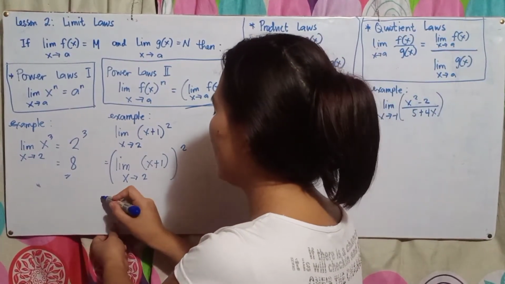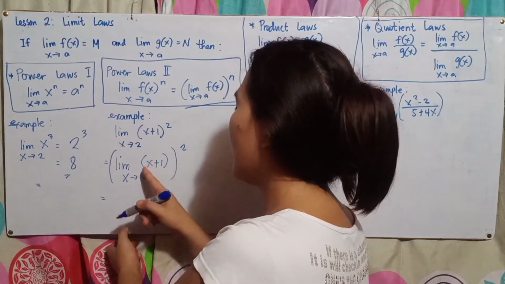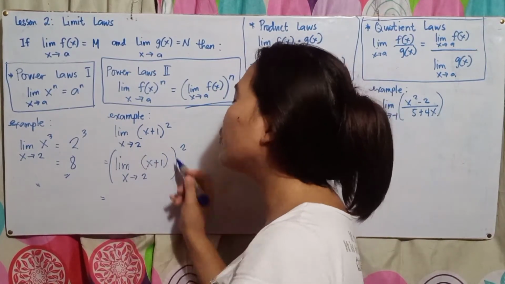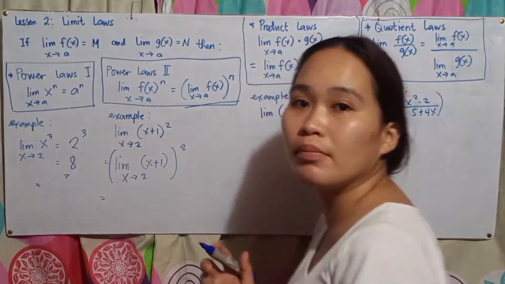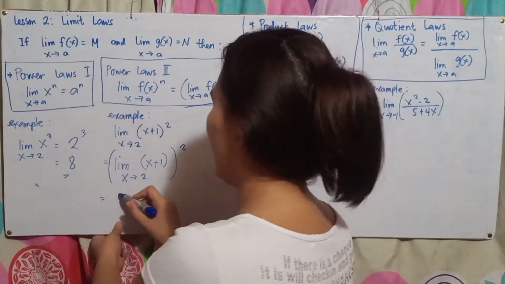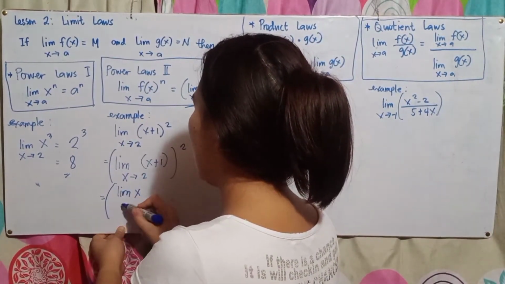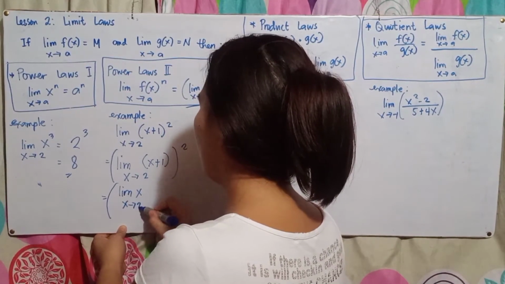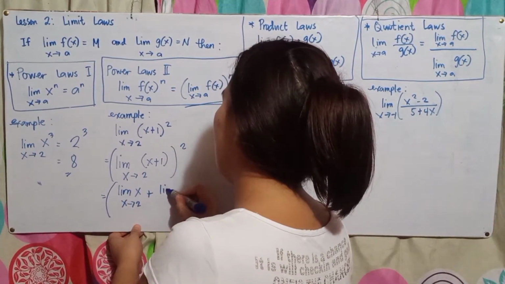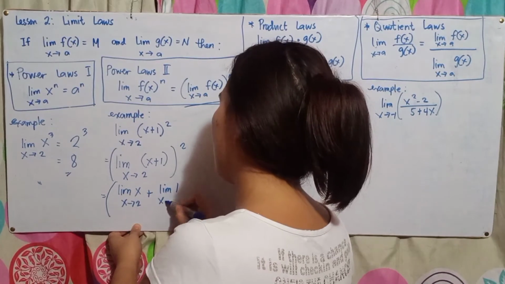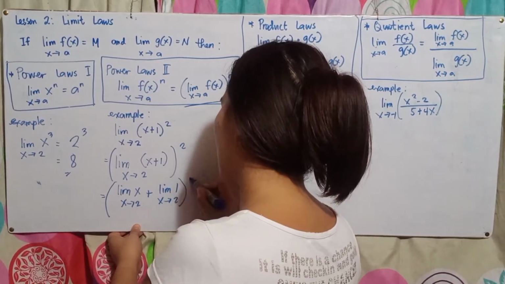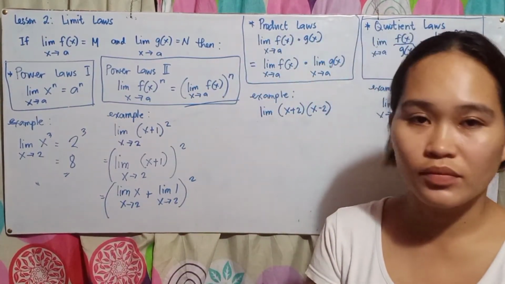Next, since they are inside, you can use the sum law. So, the limit of x as x approaches 2 plus the limit of 1 as x approaches 2, raised to the power of 2.